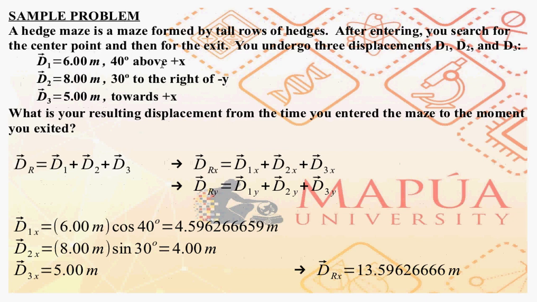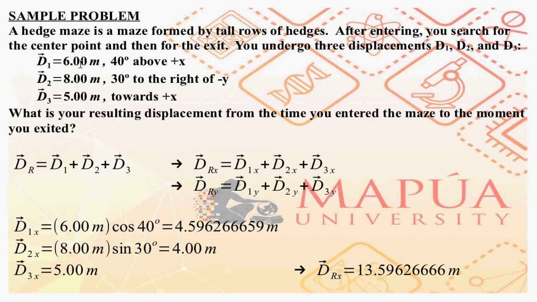So consider the following problem. You have a hedge maze, and it is formed by tall rows of hedges. You enter the maze, searching for the center point and then for the exit. In doing so, you undergo three displacements, D1, D2, and D3.